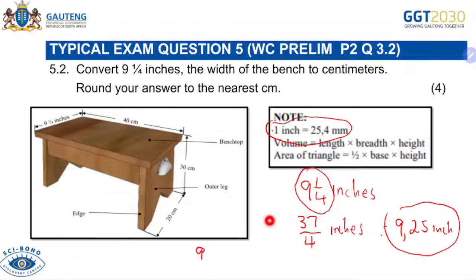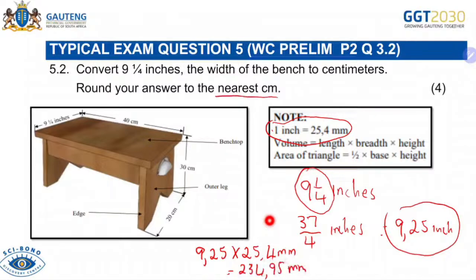We take 9.25 and multiply by 25.4 millimeters, and we get 234.95. Remember, this is in millimeters.